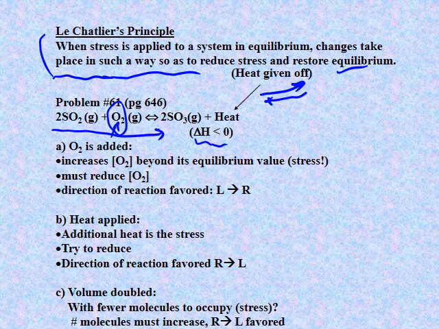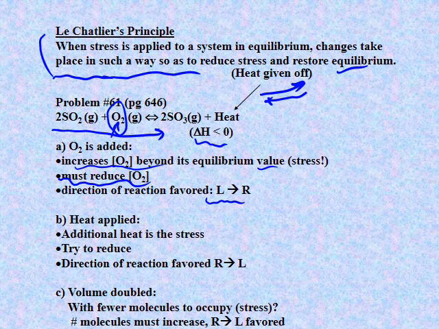So that's why I answered this. When oxygen is added, you're really increasing oxygen beyond its equilibrium value temporarily. Then the reaction must go in a way that would reduce O2, in other words, from left to the right.